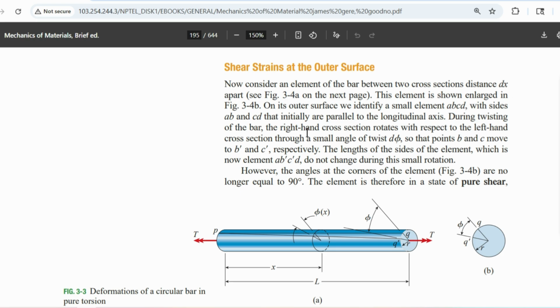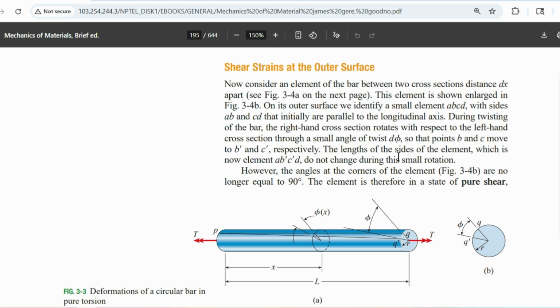During twisting of the bar, the right-hand cross-section rotates with respect to the left-hand cross-section through a small angle of twist d phi. That's interesting. They're just back to saying that sentence, and it's not so obvious. They should say a differential slice might indicate that those slices are right next to each other.